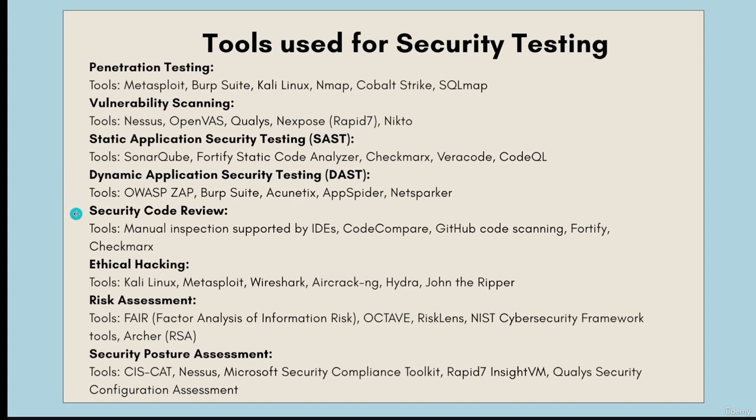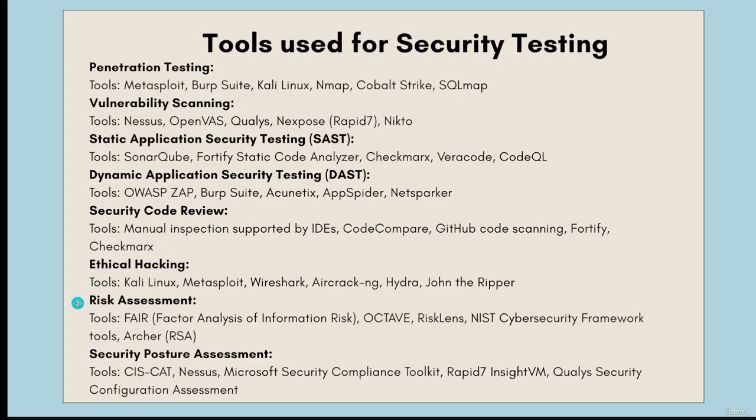For security code review, we have manual inspection supported by IDEs, Code Compare, GitHub code scanning, Fortify, and Checkmarx. For ethical hacking, we have tools like Kali Linux, Metasploit, Wireshark, Aircrack-ng, Hydra, and John the Ripper.